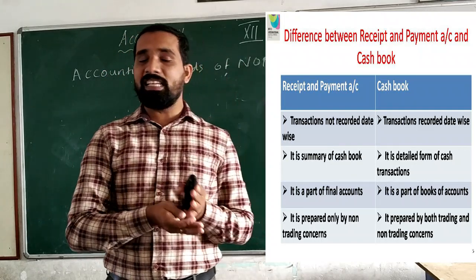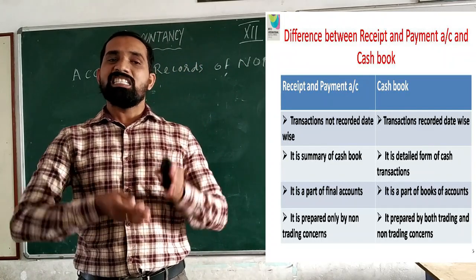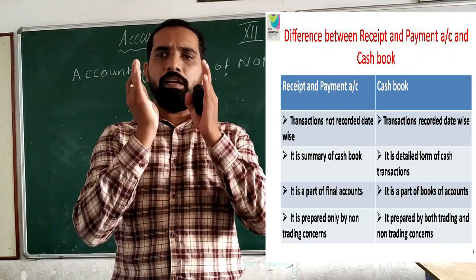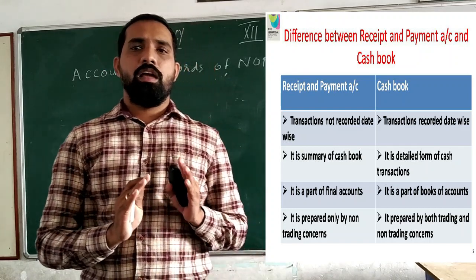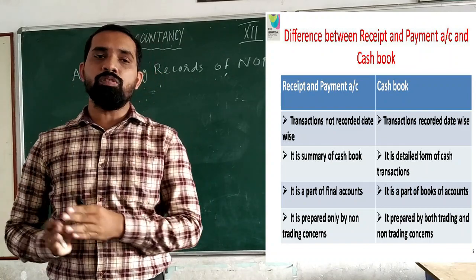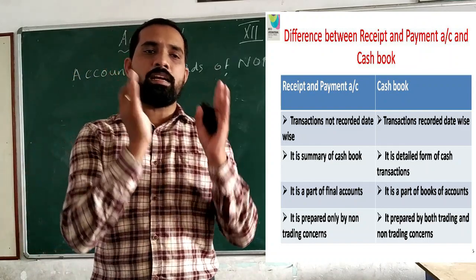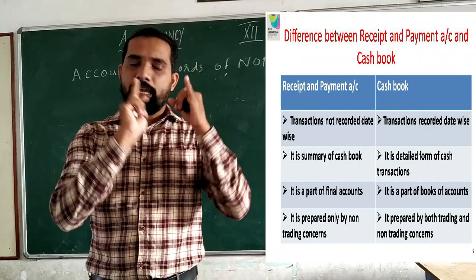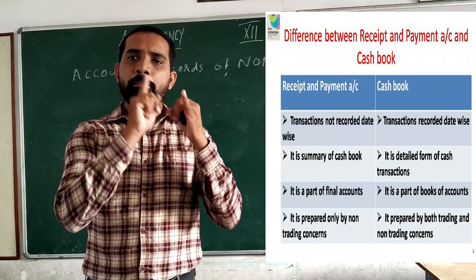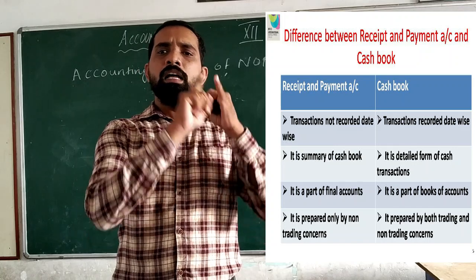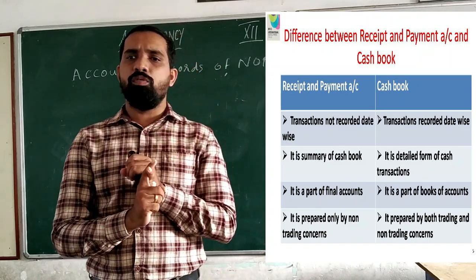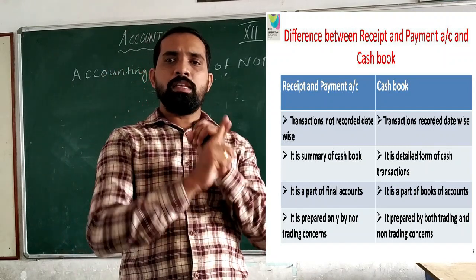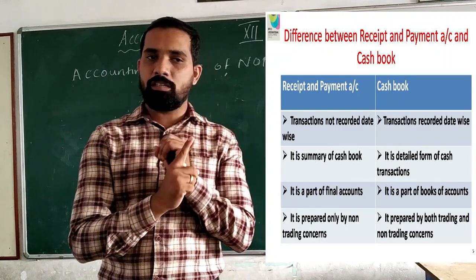In the receipts and payments account, transactions are not recorded date-wise. But in the case of cash book, transactions are recorded date-wise. Second point, receipts and payments account is a summary of cash book.